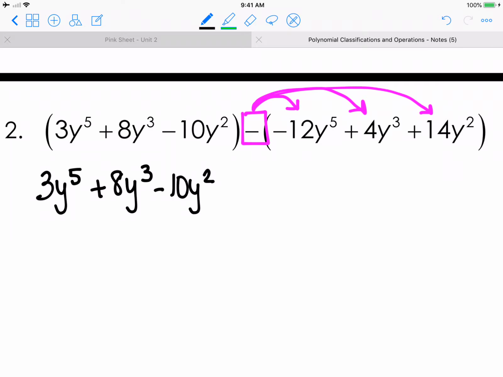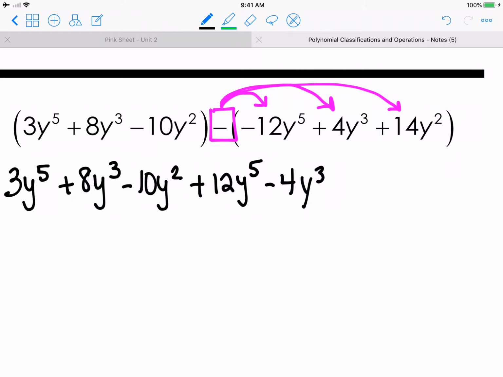Okay, now we're going to say a negative times a negative 12y to the 5th is going to give me a positive 12y to the 5th. Remember, negative signs just change the sign. So then you have a negative times 4y to the 3rd. That's going to give us a negative 4y to the 3rd. And then you have a negative times a 14y squared, which would give us a negative 14y squared.